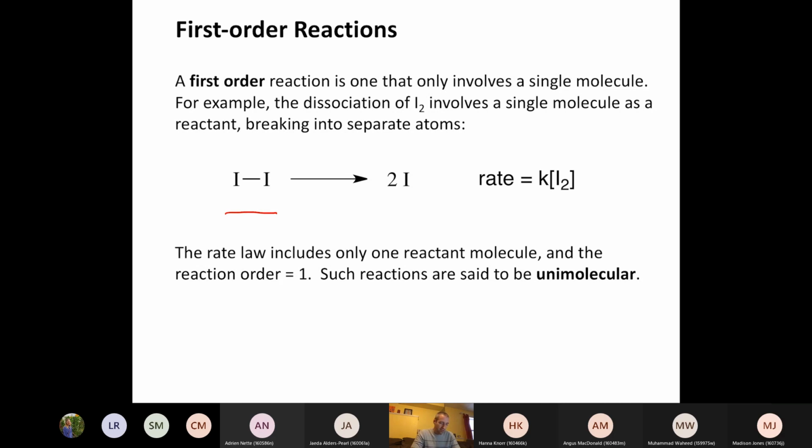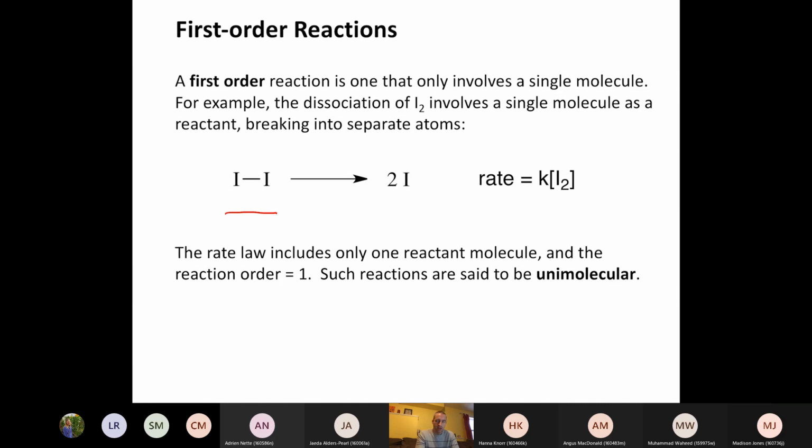It's just, if the energy is there to break that bond, this reaction will take place. It doesn't require a chance collision between two things or more than two things. So the order of this reaction is 1, because it's a first order reaction. Only one molecule is involved.